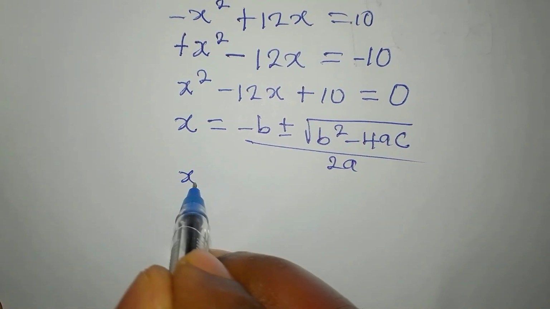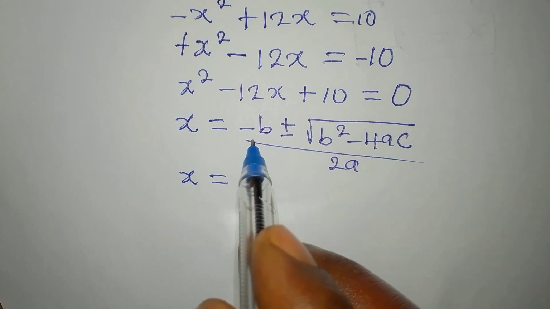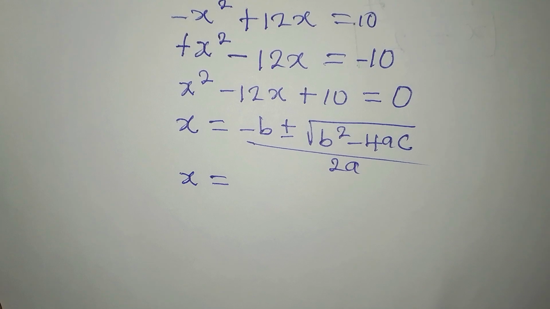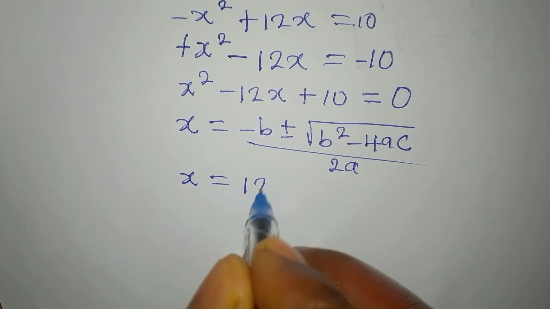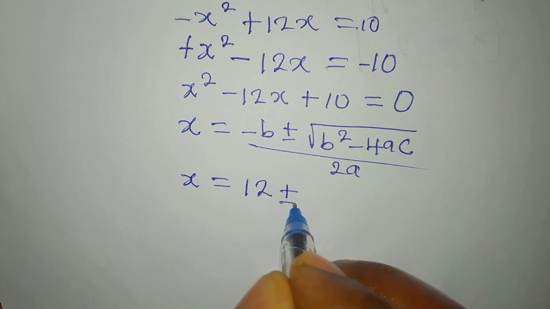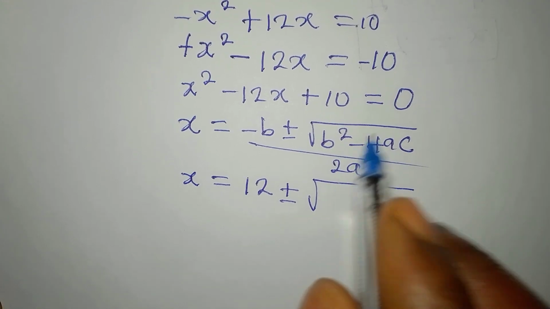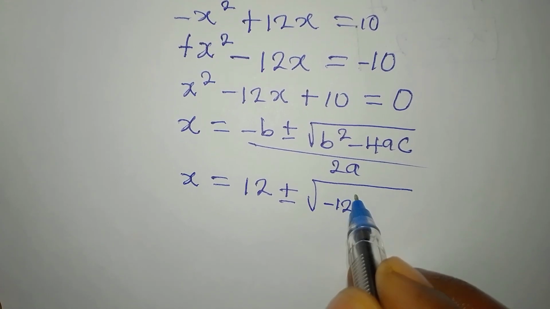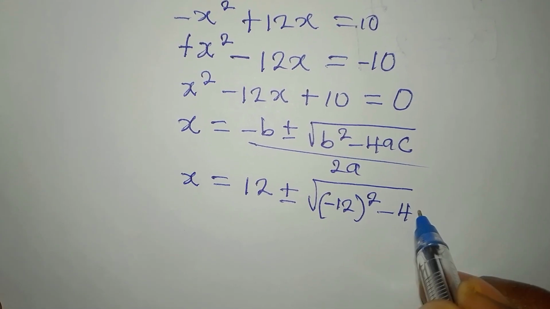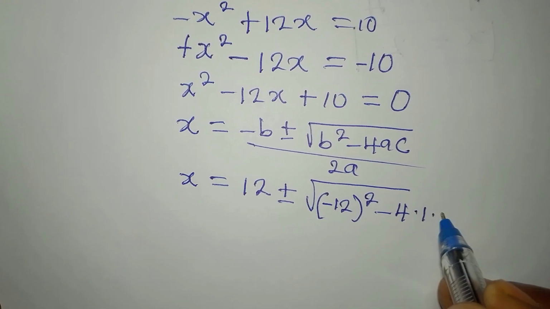And from here, our x is equal to minus b. In place of b, what is b? Our b is minus 12. So minus b becomes plus 12, because we'll be having negative negative. Then plus or minus square root of b squared, which is minus 12 squared, minus 4 times a times c, and our c is 10.